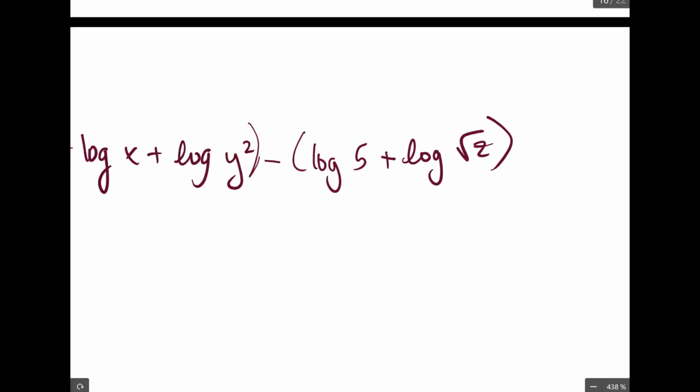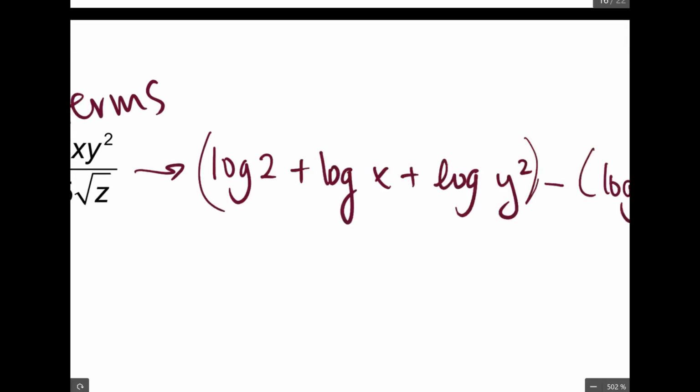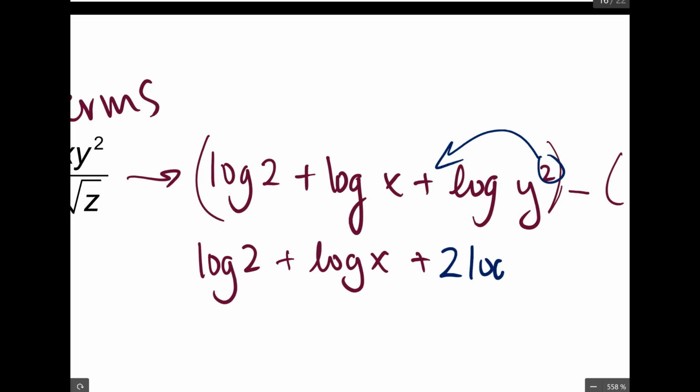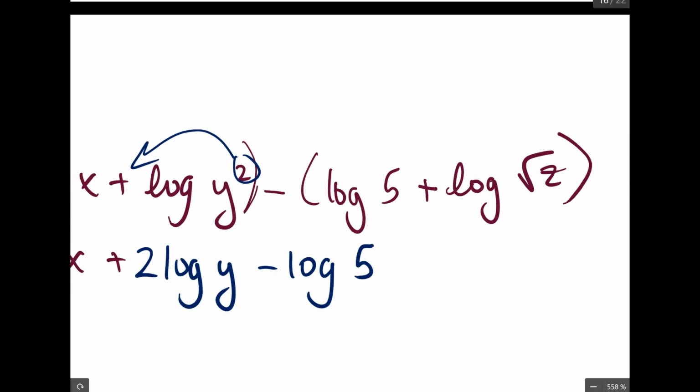Okay, so let's simplify this a little bit. I have log 2 plus log x plus, I have a squared, so bring that power up front. So plus 2 log y minus log of 5 minus log of, well, square root is just z to the half.